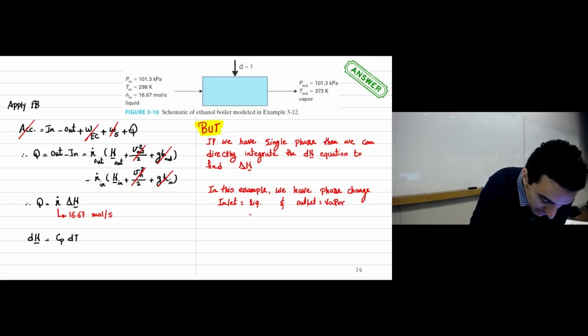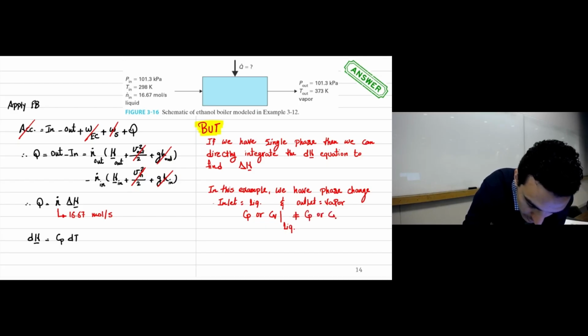Note that the heat capacity, or even Cv, for liquid doesn't equal Cp or Cv for vapor.